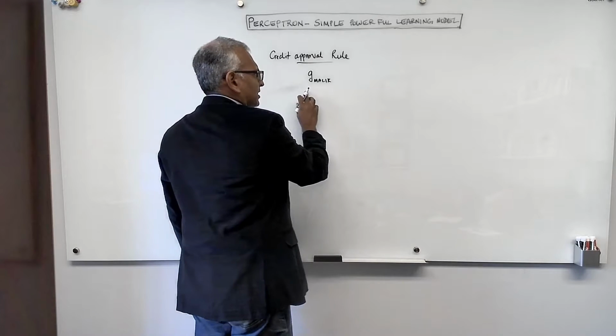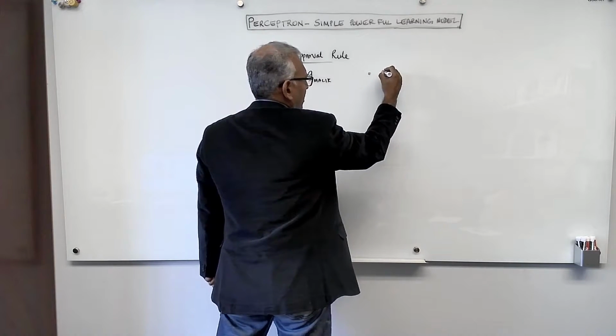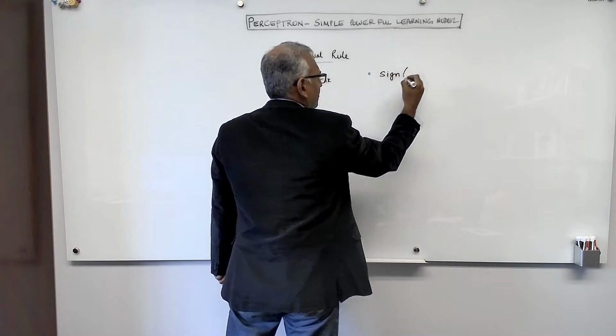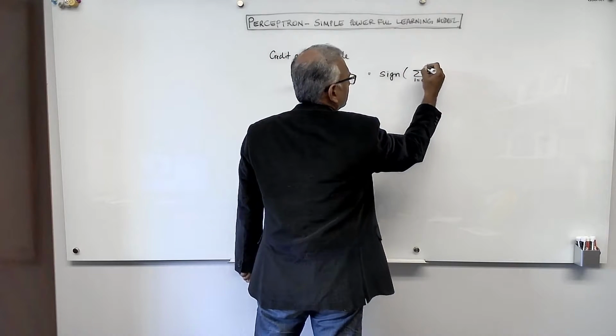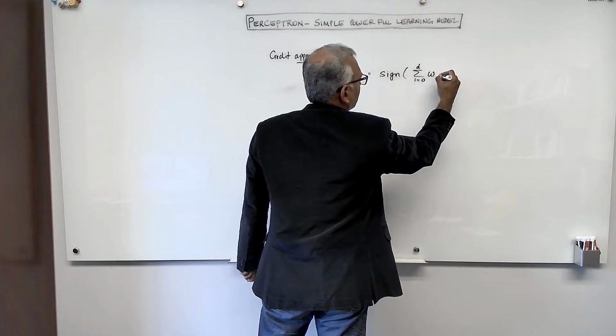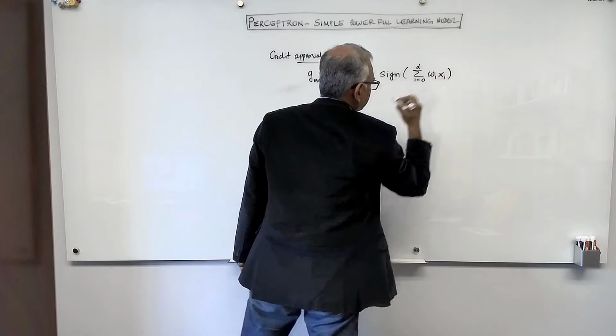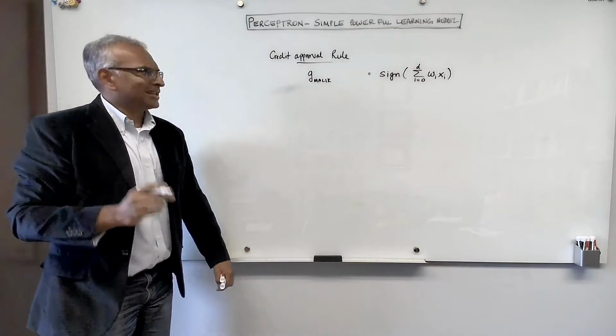G sub Malik is equal to sign of the sum from i equals 0 to d of Wi xi. That is Malik's rule.